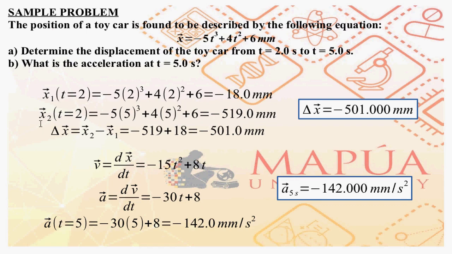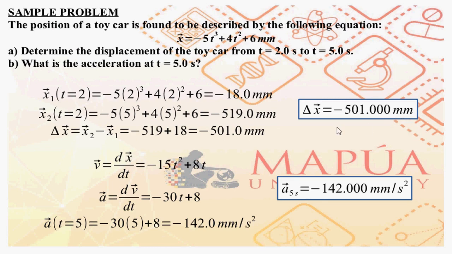Displacement is just final position minus initial position. You get negative 501.000 millimeters.